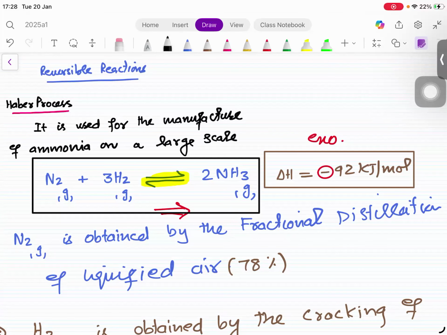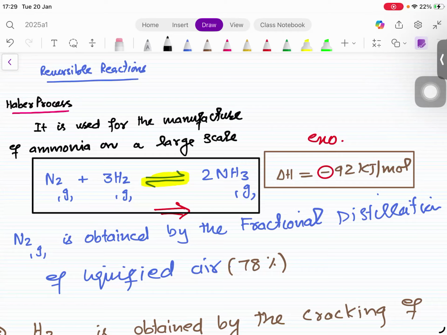The reaction is exothermic. So it means which temperature favors going to the forward direction? We discussed it yesterday. Exothermic, releasing energy going forward. So what should be the temperature? It should be as low as possible, because low temperature shifts the equilibrium forward to the side where it is exothermic.